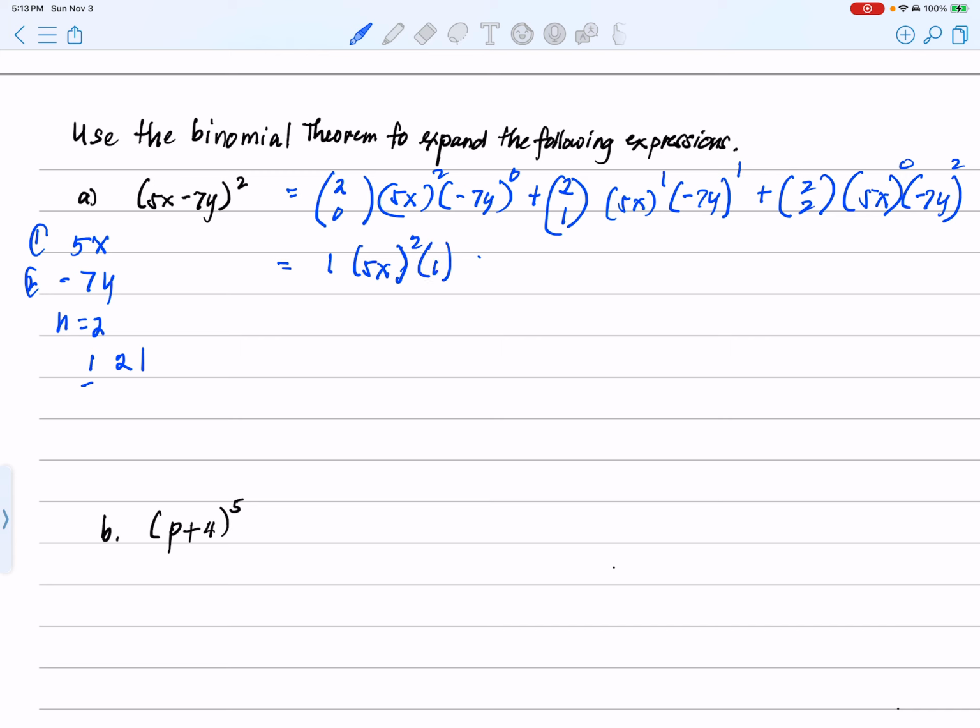2 choose 1 is 2 times 5x times negative 7y. Then 2 choose 2, it's 1. 5x to the 0, it's 1. And negative 7y squared. Let's simplify. 1 times 1, 5 squared is 25 x squared.